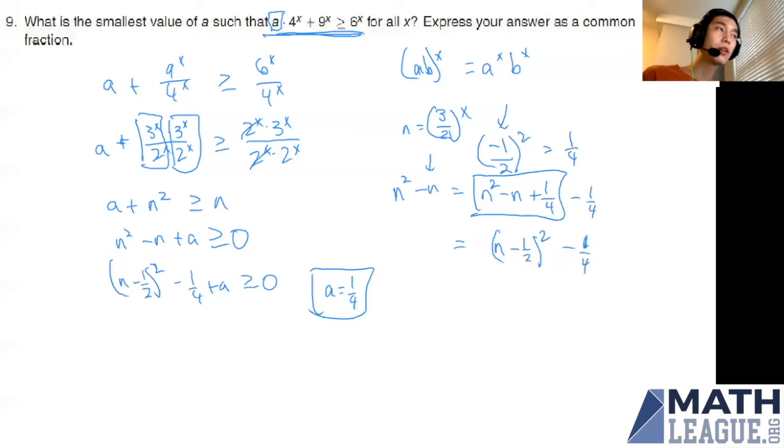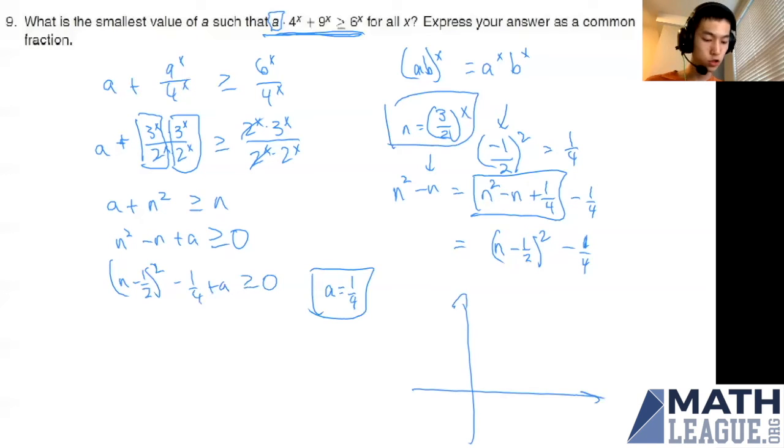But can we do any better? Can we get any smaller A that works? Well, we can't really, right? Because n is equal to (3/2) to the x. That's kind of like if you just draw a graph, every exponential graph looks like this. And it's always going to be equal to 1/2 at some point, no matter what you take to the power of x. For some x it is always going to be equal to 1/2.